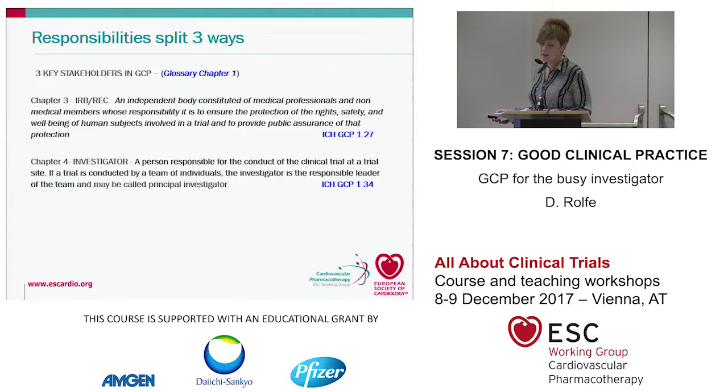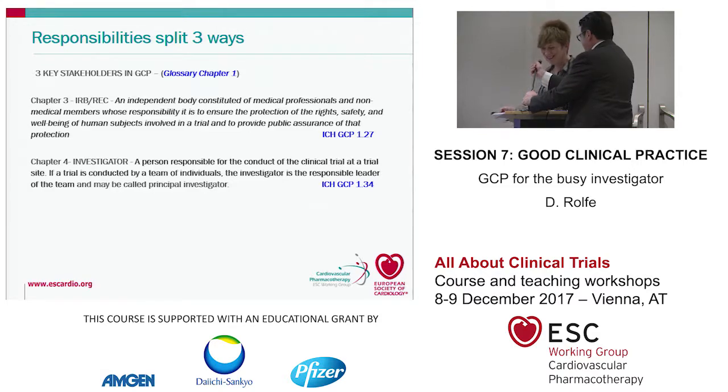Chapter 4 of the guidelines concerns the investigator, which is a person responsible for the conduct of the clinical trial at a trial site. If a trial is conducted by a team of individuals, the investigator is the responsible leader.